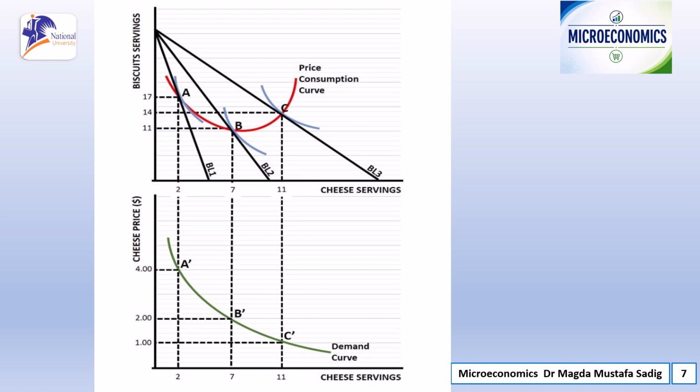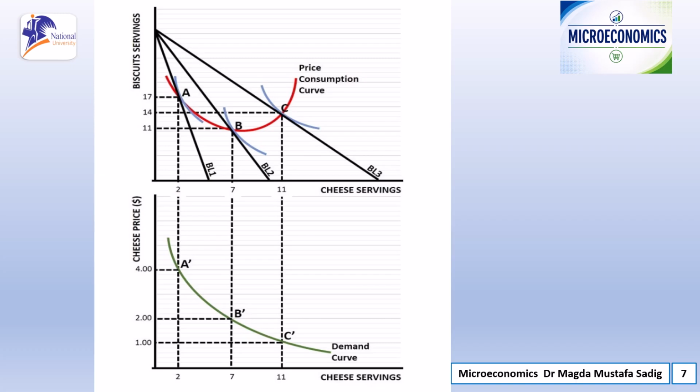Let us focus on this lower graph. As I told you, notice that when the price of cheese falls from 4 to 2 to 1, the quantity demanded increases from 2 to 7 to 11. This gave us a downward sloping demand curve, and this is exactly what the law of demand tells us.